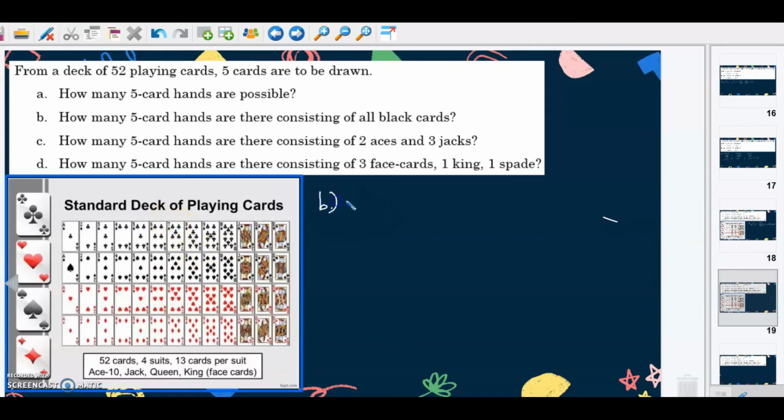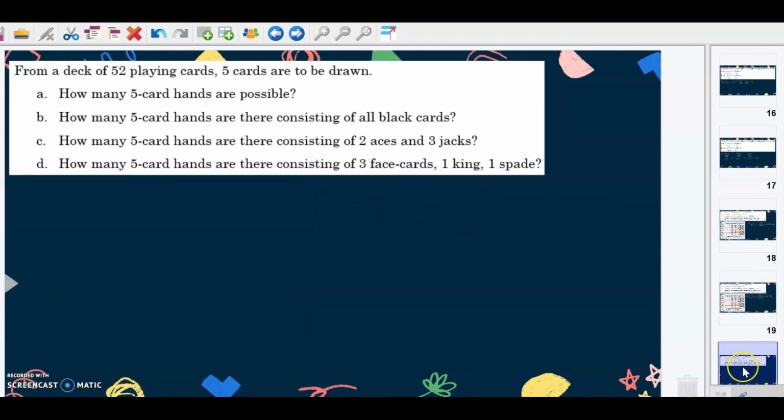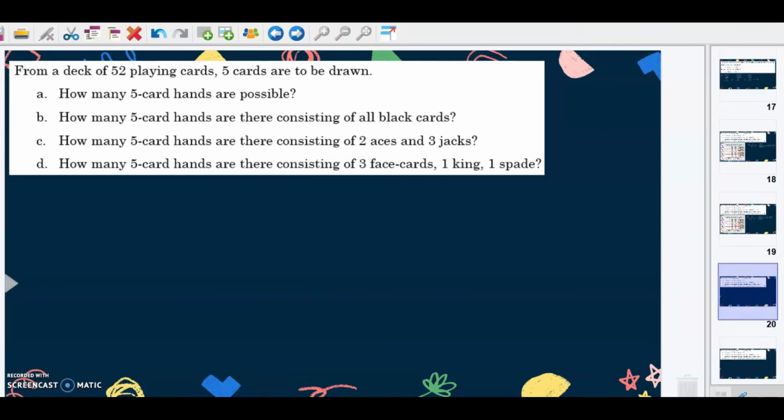Our solution should be the combination of 26, since half of the 52 playing cards are black, taken 5 at a time. If we simplify this, it gives us 26 factorial over 21 factorial times 5 factorial, which has the value 65,780.